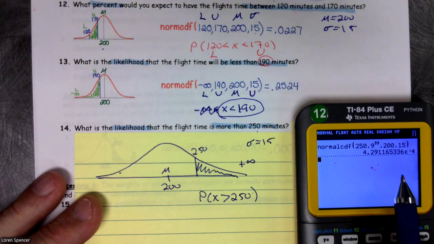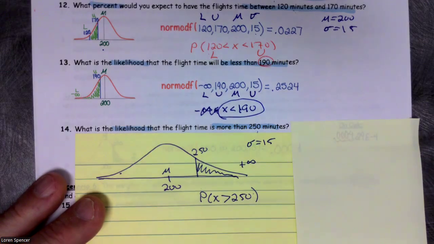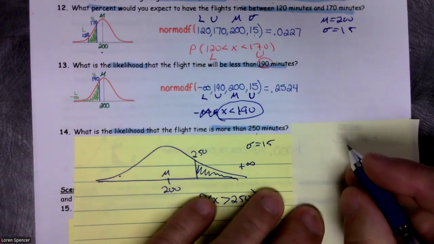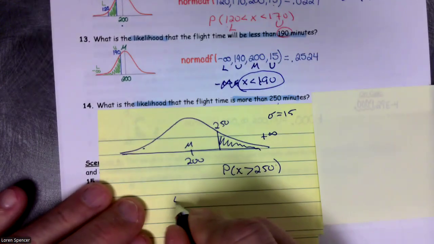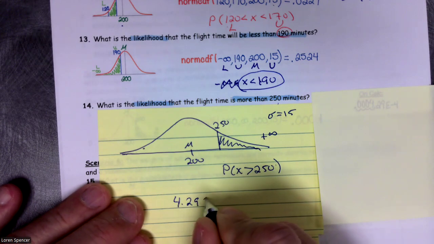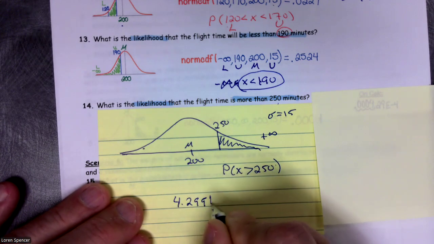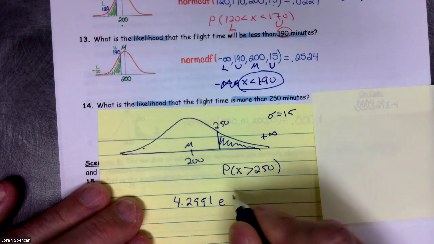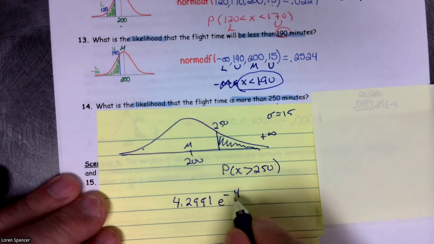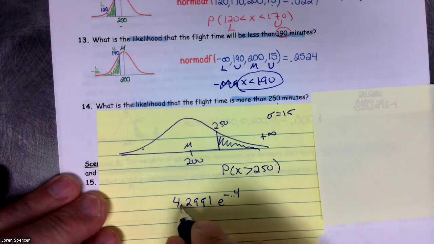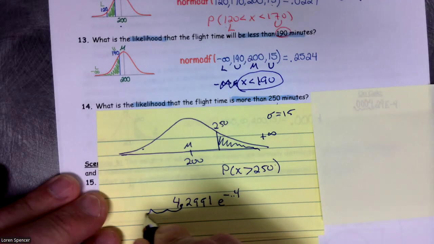And we get 4.2991 e to the negative 4. Well, I know that probably bothers people, so I'm going to write that down here. Please remember that this means I have to move the decimal 4 places: 1 spot, 2 spot, 3 spot, 4 spots.